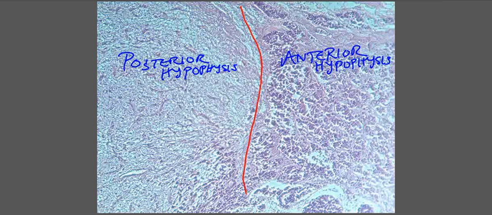So now for the test, I can ask you this. I put this slide under this magnification, and I tell you, well, this is the slide of the hypophysis, right? Give me the two lobes that you see here. That's easy. Right? You know there are already two lobes.